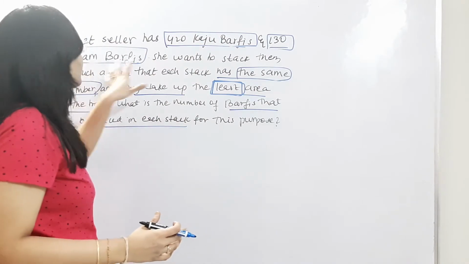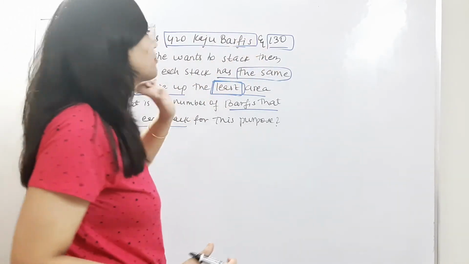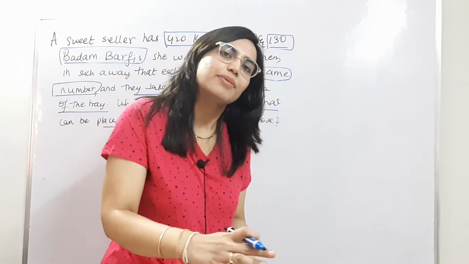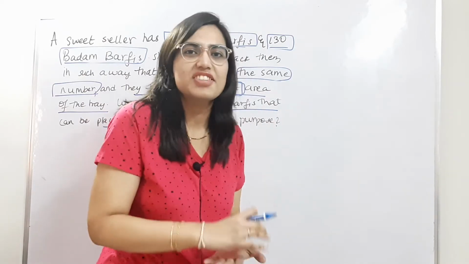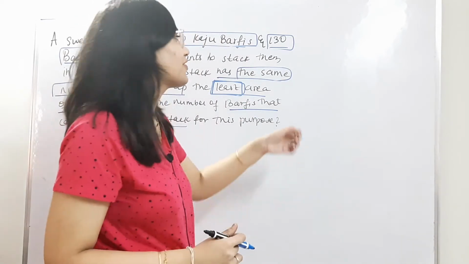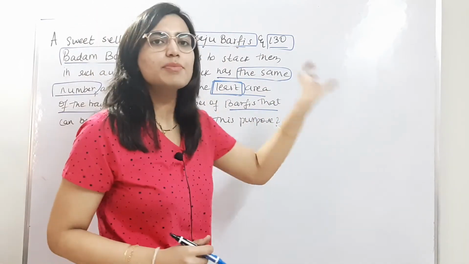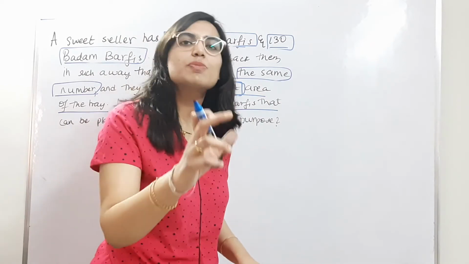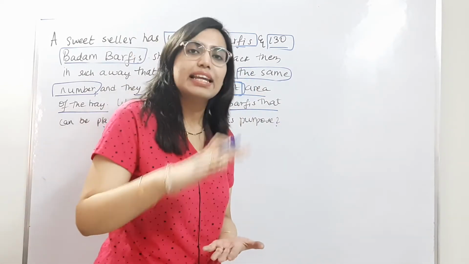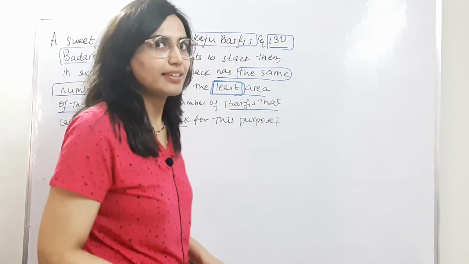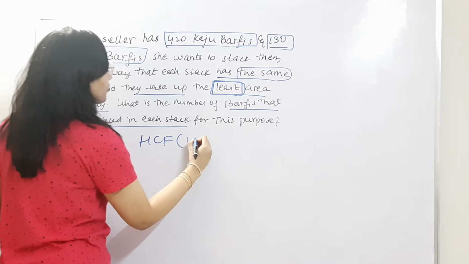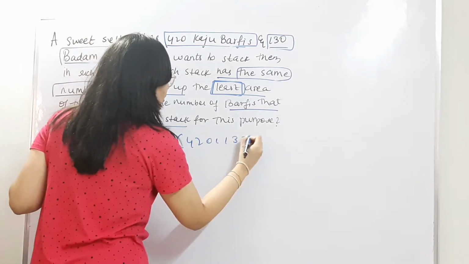If you have 420 and 130 Badam Barfis that you can put on a tray so that there is very little space remaining, it's nothing but we need to find the HCF, because it will give us the greatest common divisor between these two, and that many sweets is the maximum capacity that a stack can hold, leaving less area. So in short, we need to find the HCF of 420 and 130.